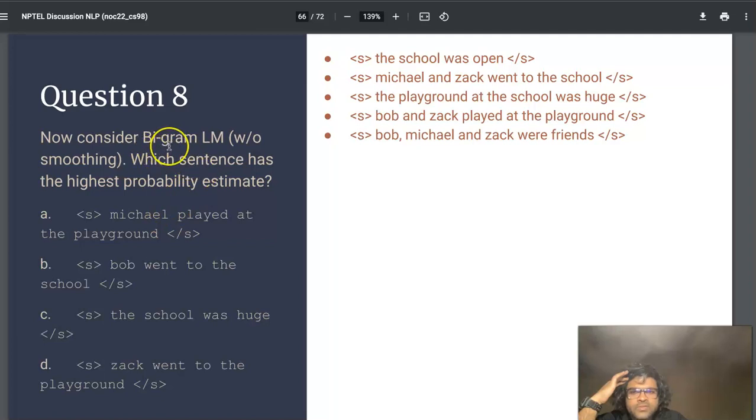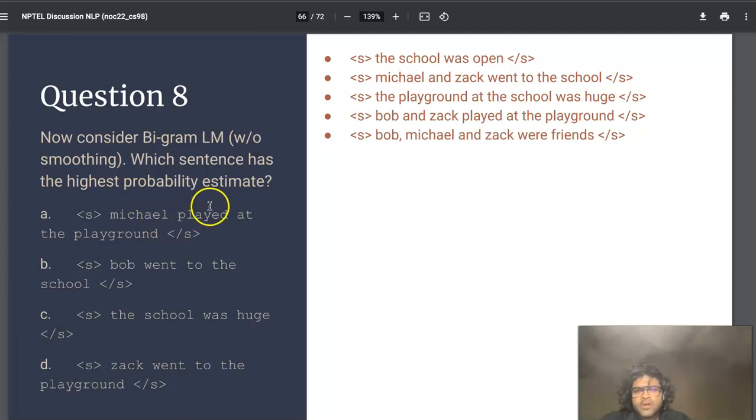Now just see, as we are going with this bigram thing, you need to have the probability of played given Michael. So this is one of the bigrams of this sentence.